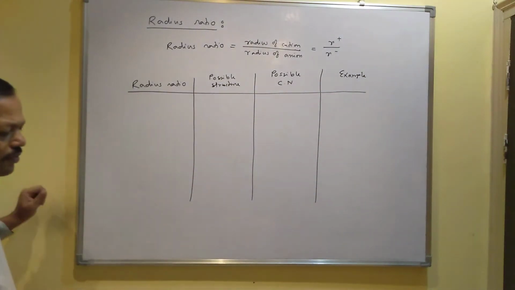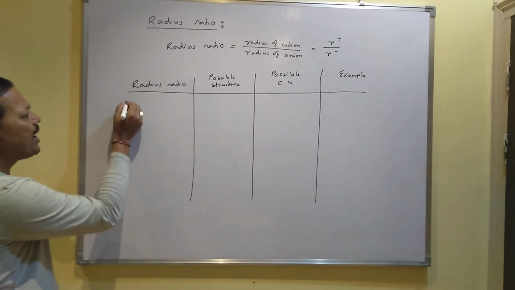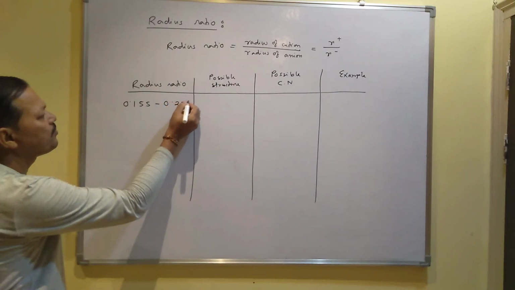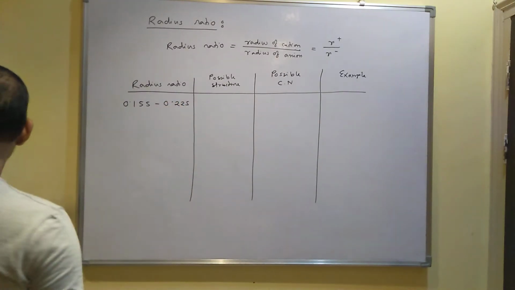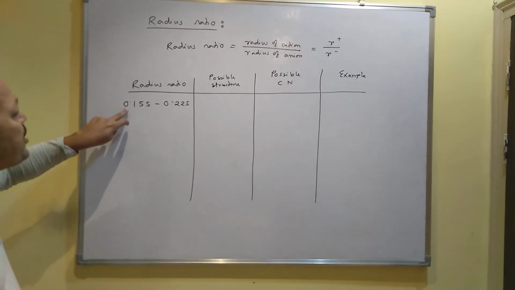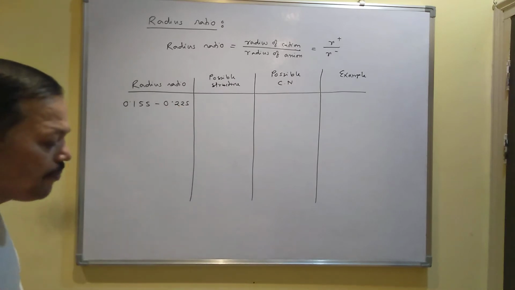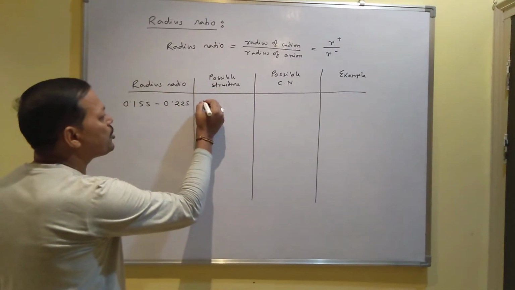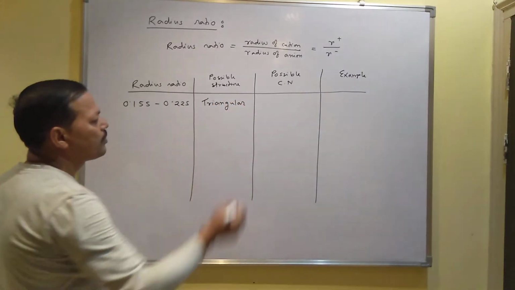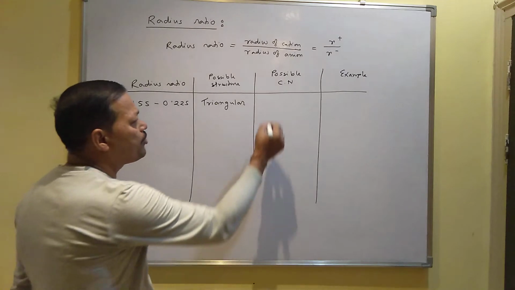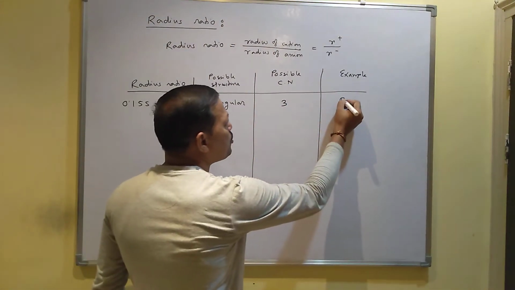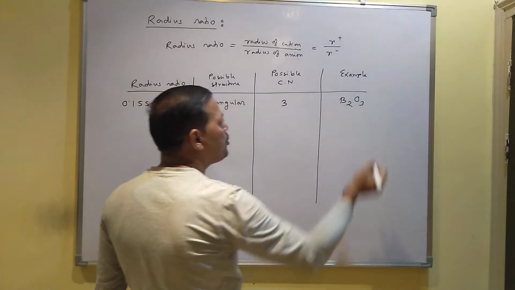Now, if the radius ratio lies in the range 0.155 to 0.225, then the possible structure of the solid will be triangular, and the possible coordination number for the solid will be 3. One example of this type of solid is boron oxide, B2O3.